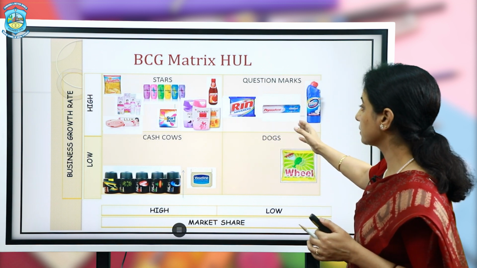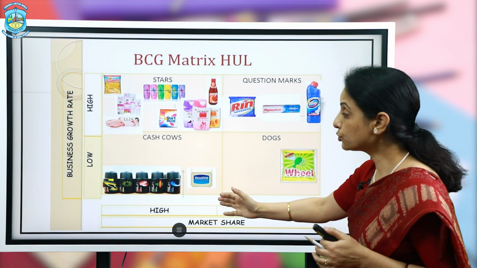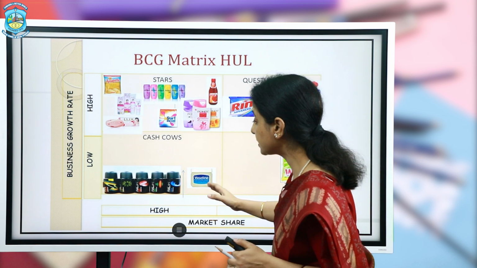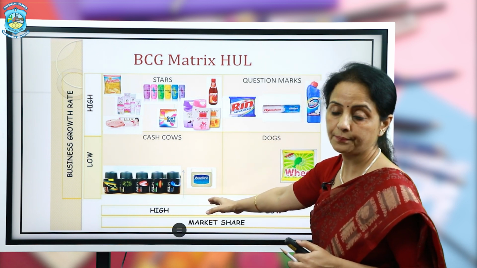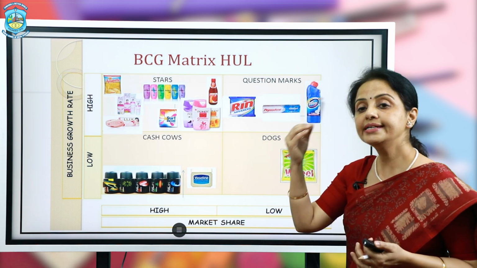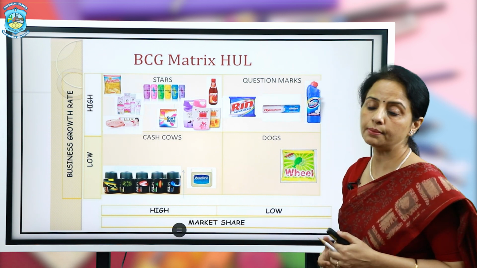Who are the question marks? Rin, Pepsodent, Domex. Let's come to the cash cows. Cash cows are the net revenue generators. So who is giving the maximum revenue? It is the Axe deodorants as well as Vaseline. And who is their dog? Whom they might be planning to disinvest the money from is their Wheel detergent powder.